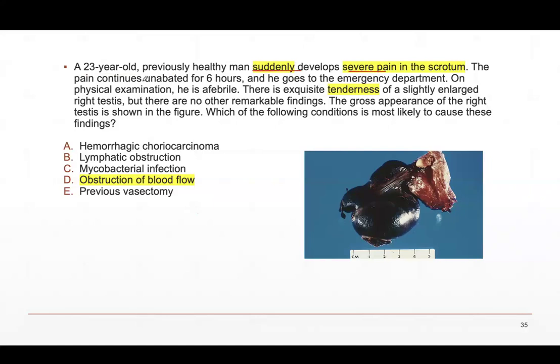Tamam. Okay, let me ask you. If I lift the scrotum, what will happen to the patient? Will it relieve his pain? Will it keep going? I think it will relieve it. This is called the cremasteric reflex, I think. Is it called the cremasteric reflex?